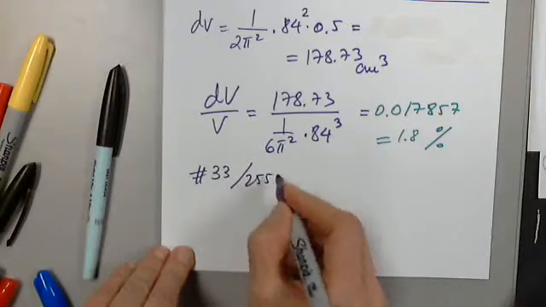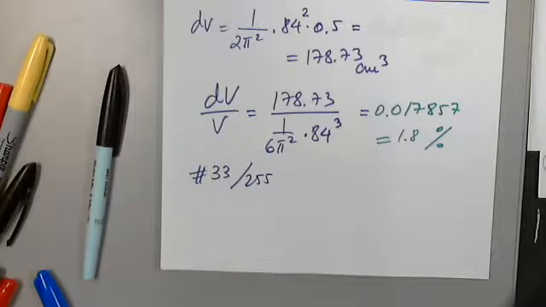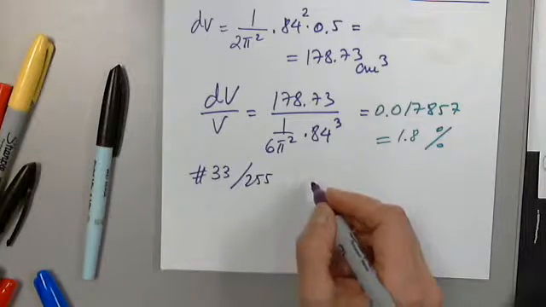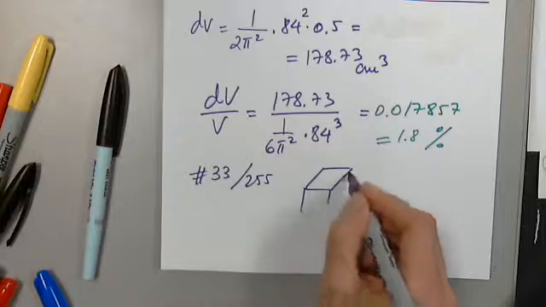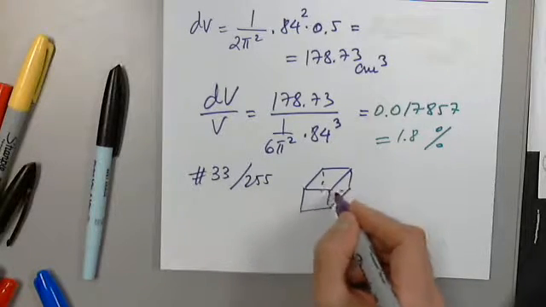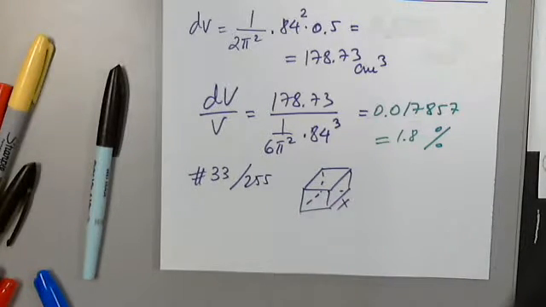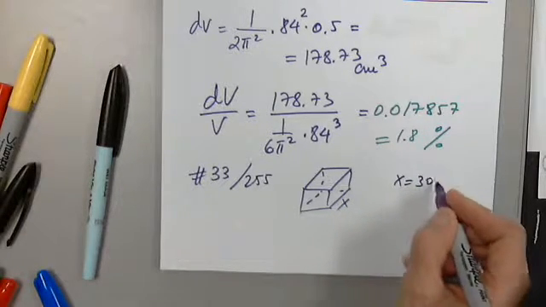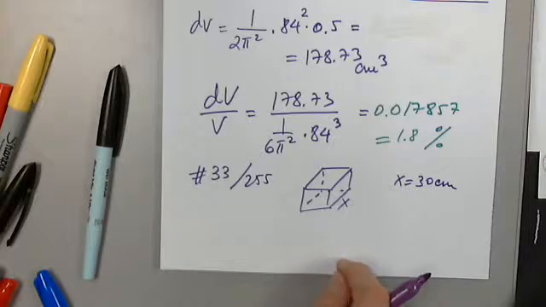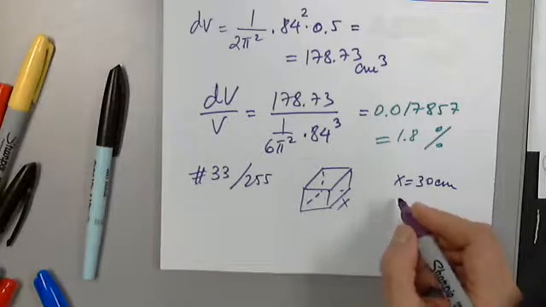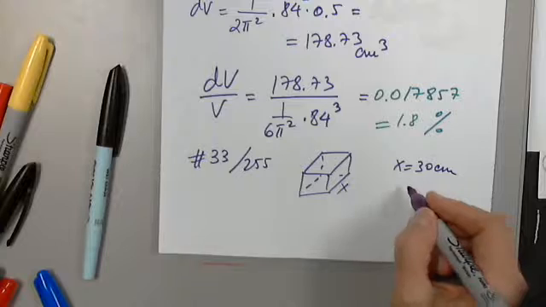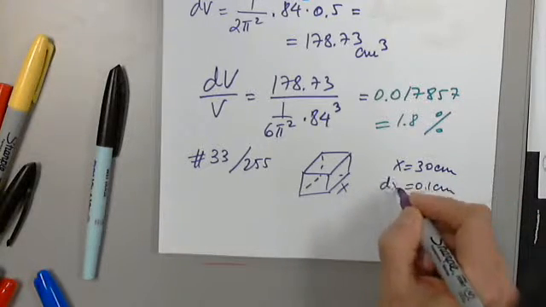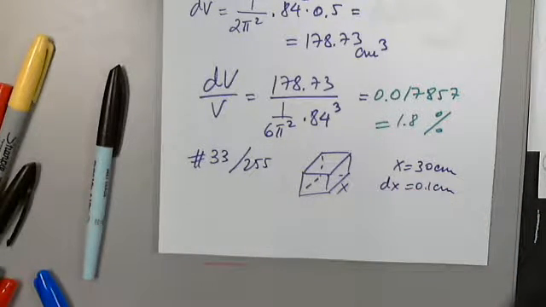On the same page, 255. The edge of a cube, I'm going to call it X, was found to be 30 centimeters with a possible error in measurement, which is the notation. Use differentials to estimate the maximum possible error, relative error, and percentage error in computing the volume.